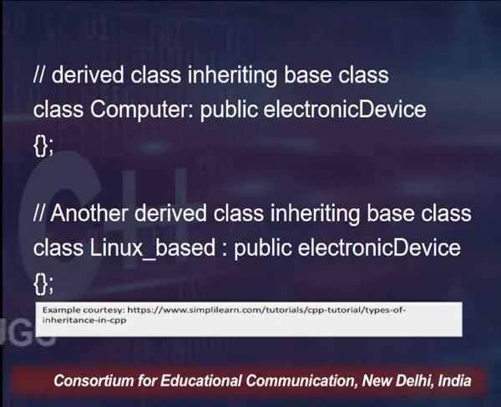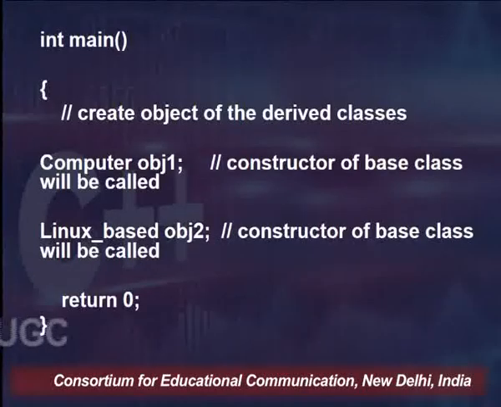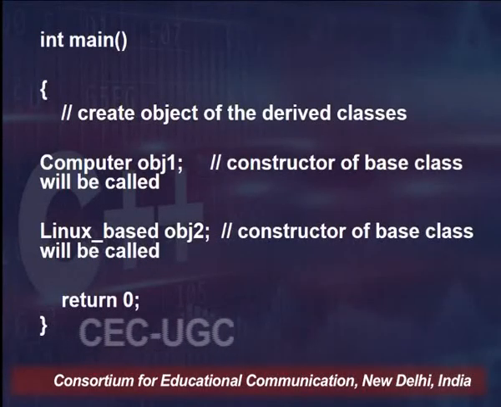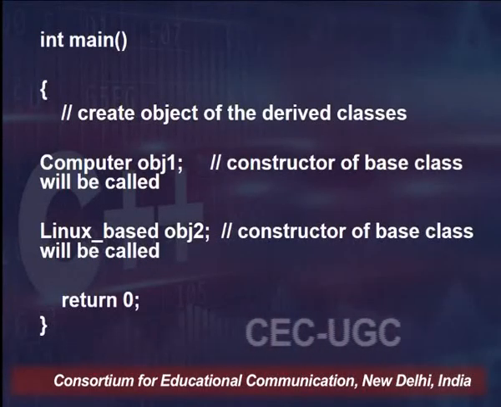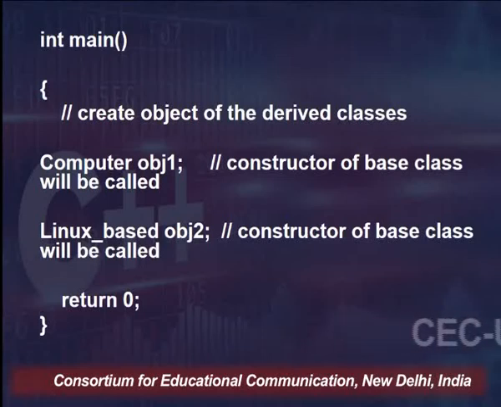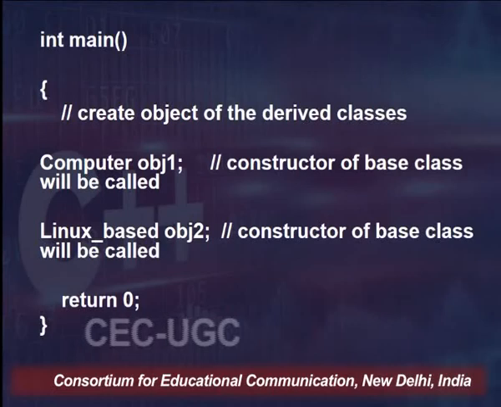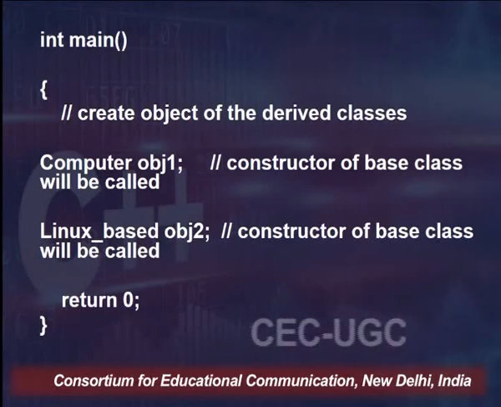So basically, in the public section of computer and of Linux based, there is going to be one constructor, which is the constructor of its base class, and here we are taking the mode as public, so that is very clear. So whenever the object obj1 of the class computer is being created, the constructor of its base class, which is electronic device, will be called.